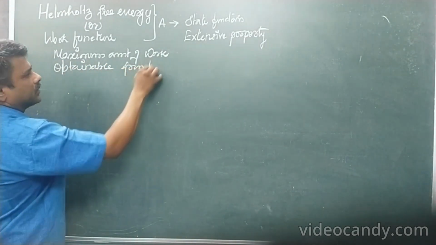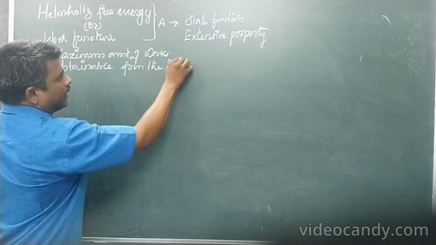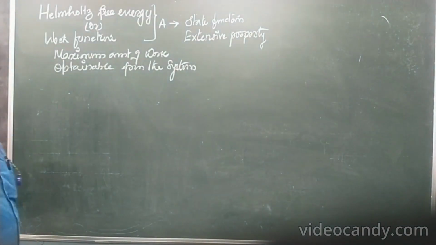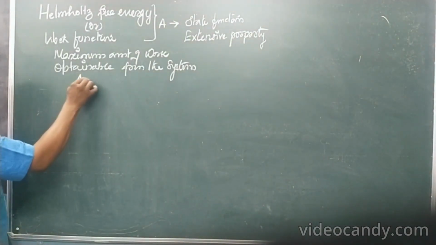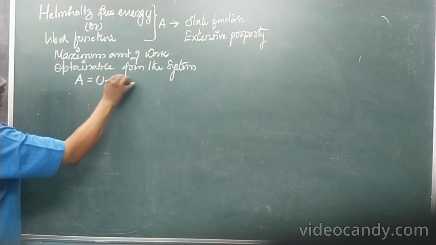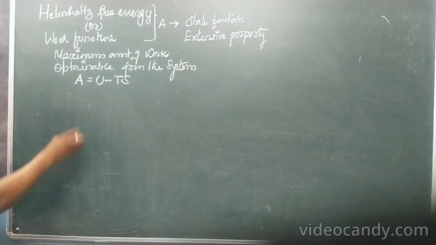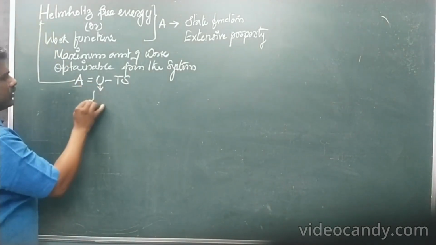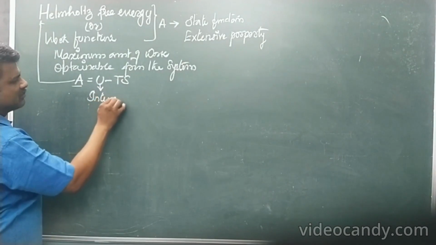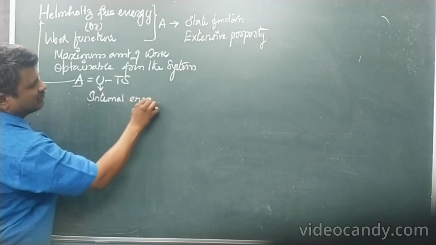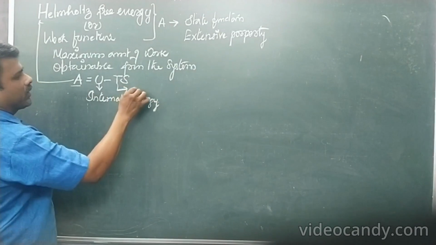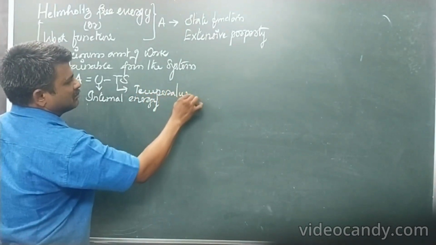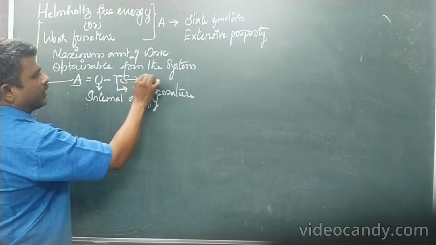The formula to estimate the Helmholtz free energy is A is equal to U minus TS. A stands for Helmholtz free energy, U stands for internal energy, T stands for system temperature, S stands for entropy.